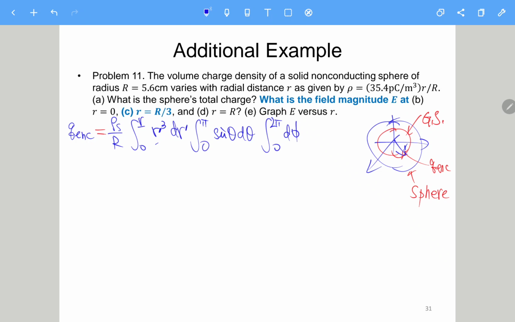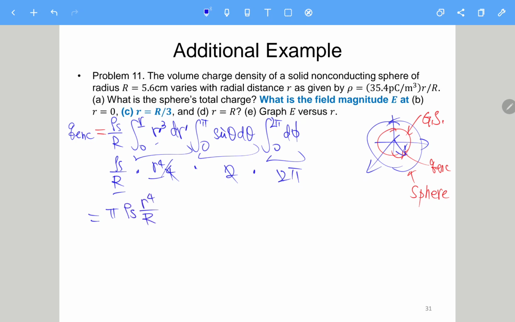So this is r to the 4th power over 4, and this is 2 pi, multiplied together with rho s over R. Similarly 4 and 2 cancel, and this small r and this capital R can't be cancelled. So it turns out to be pi rho s r to the 4th power over capital R.